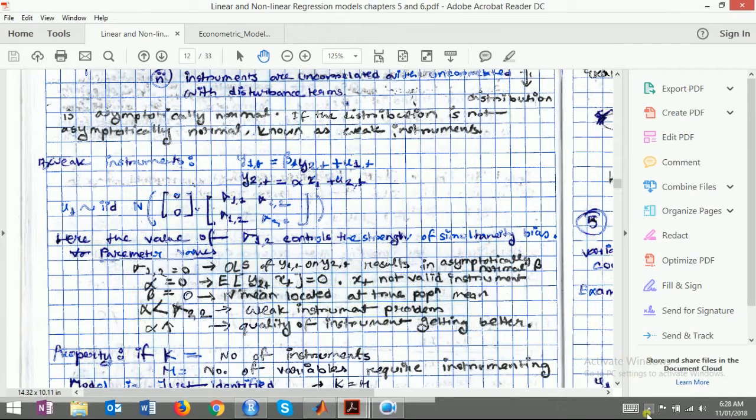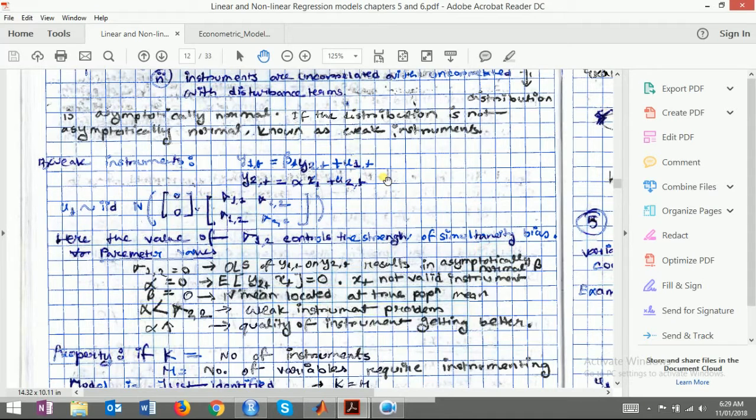So here we have the weak instrument equation: y2t equals alpha xt plus u2t. A weak instrument is when the distribution of the instrumental variable estimator is not asymptotically normal.